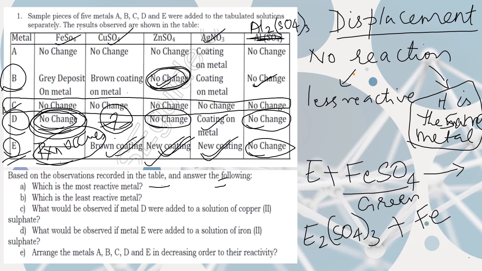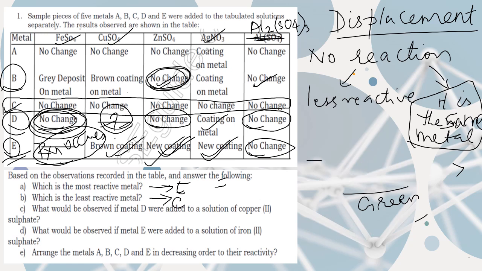So we just saw most reactive is E, least reactive is C. So let's predict the reactivity of other metals here. So E is the most reactive one. E is more reactive than B because B shows change in 3 solutions.